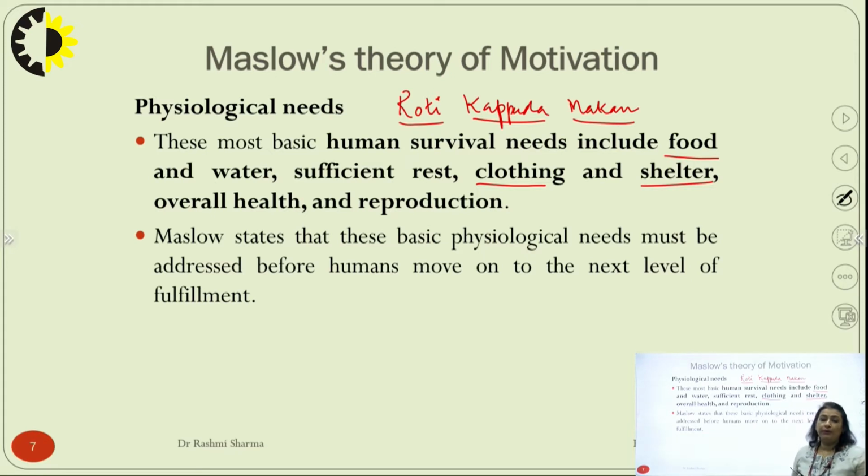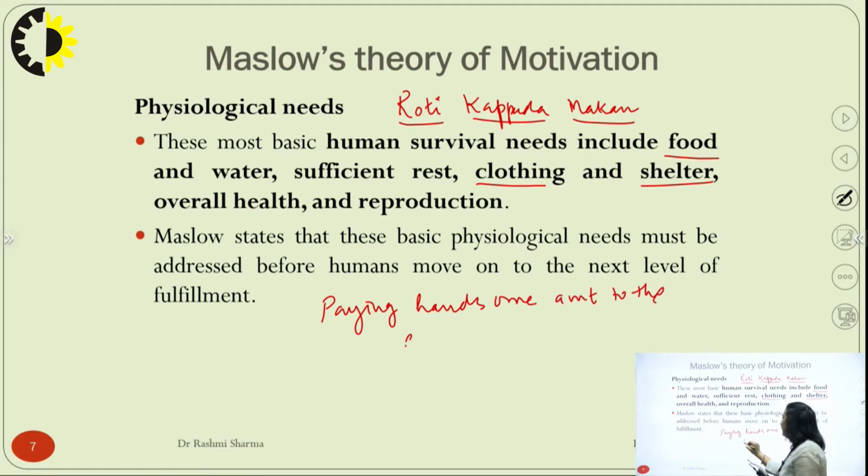So for a person to become motivated and work in that particular enterprise, these are physiological needs. In these needs, we have to fulfill the basic needs. How can we fulfill these basic needs? The fulfillment of these needs can be done by paying handsome amounts to the employees.